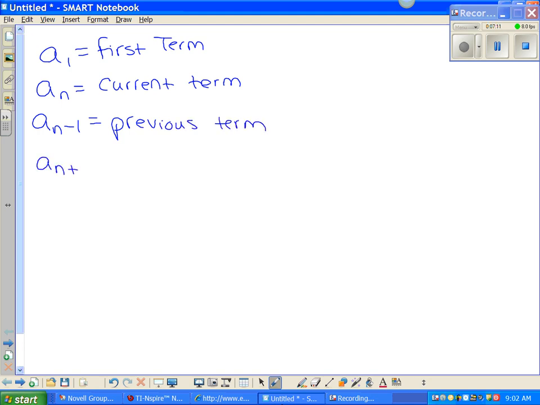And what about a sub n plus 1? The next term. Notice I'm saying term each time here. A sub n plus 1, a sub n minus 1, those are all terms. So these n's are really important. You've got to pay attention to those.